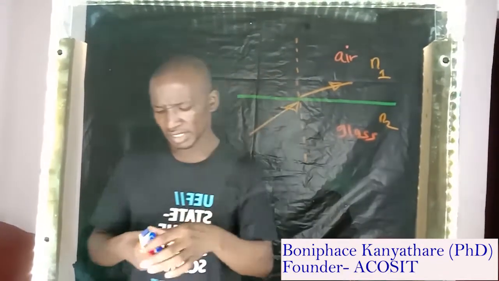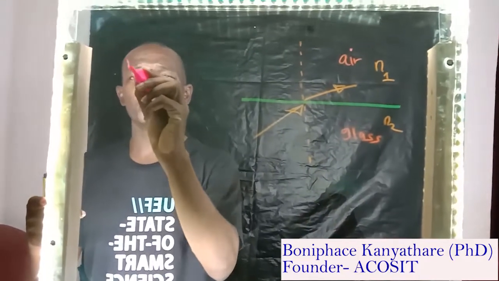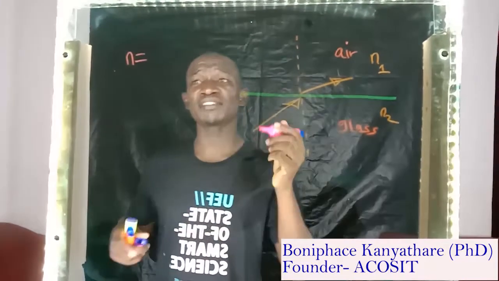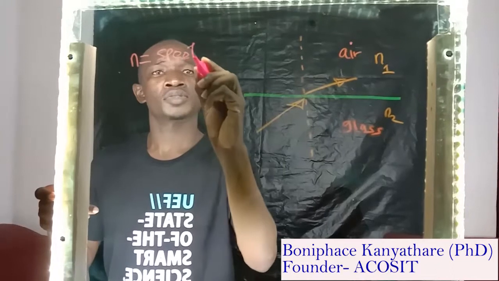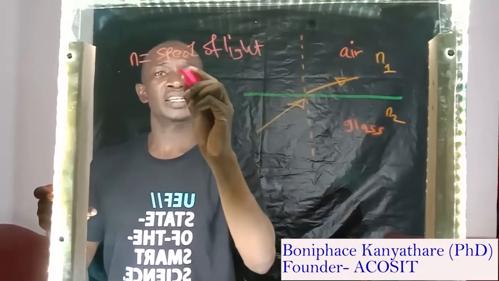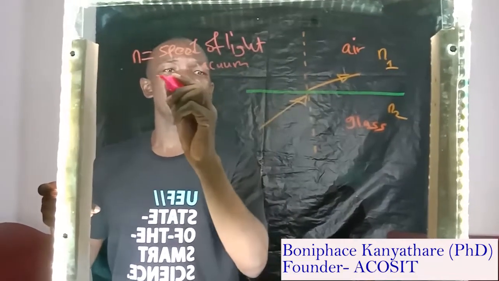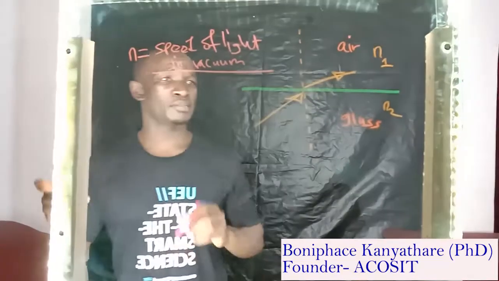What is refractive index? Refractive index is actually a ratio. So N is the ratio of the speed of light in vacuum divided by the speed of light in a material medium.